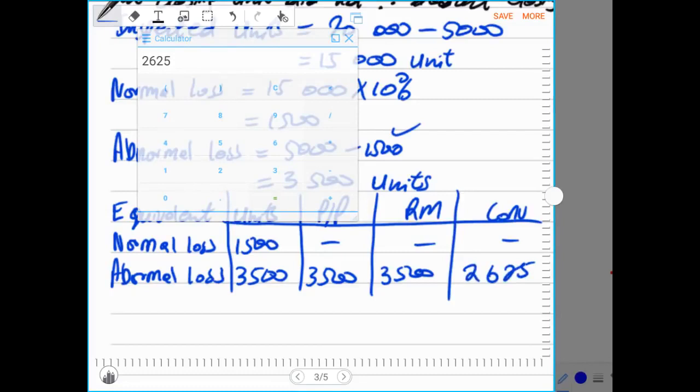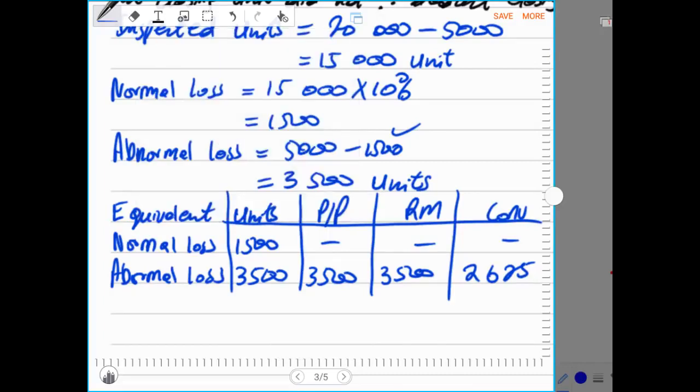Because conversion costs, remember, are not yet all introduced in the process. They get to be introduced as the process of production goes by. When the units were 75% complete, there was an inspection. Therefore, only 75% of the loss will be allocated to the conversion cost. I hope that makes sense to you and you have understood something.